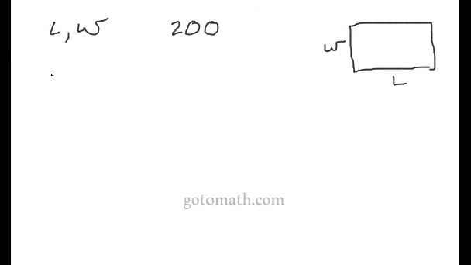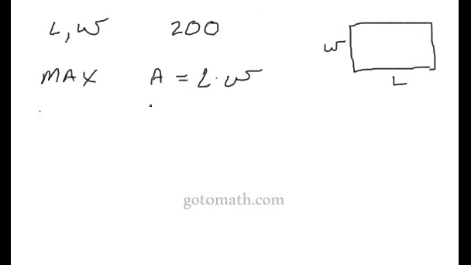Now let's go ahead and set up an equation here. Actually, I'm going to write the primary equation first. We're trying to maximize our area, so I'm going to write max and the area, right? If you remember from third grade, the area of a rectangle is length times width.